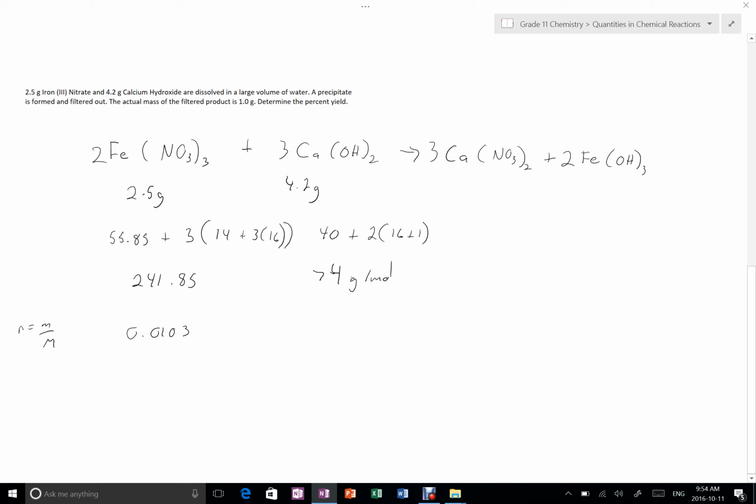I'm doing mass divided by molar mass to get the moles of iron nitrate, or if I want to view it as a conversion, I want to convert from grams to moles, so for every 1 mole I have 241.85 grams. Converting from grams to moles, every 1 mole I have 74 grams, so 4.2 divided by 74 is 0.0568 moles of this.